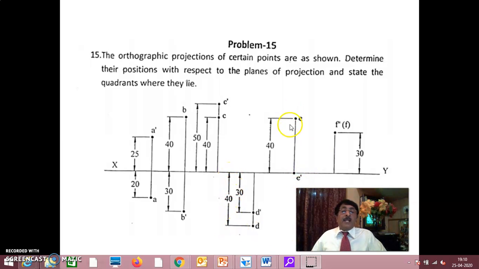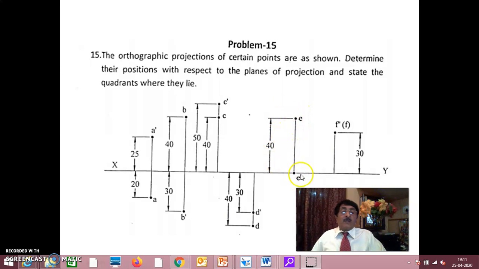In the same way, you just see here, in this problem, this point E is in the third quadrant and it is lying on HP. Okay, 40 mm behind VP. Point E is lying on HP. When it is lying on HP in the third quadrant, the front view of that will appear as though it is on the XY line, E dash, and the top view will be 40 mm behind VP.